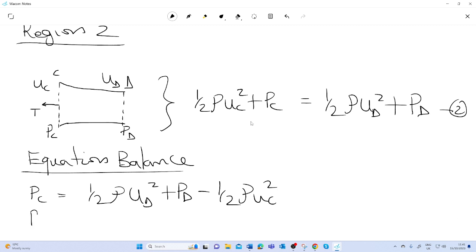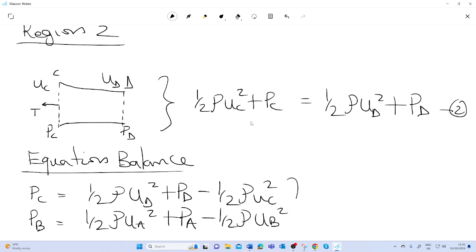We also have our PB to be half rho UA squared plus PA minus half rho UB squared. And don't let us forget that PA equals PD and UB at the rotor equals UC.